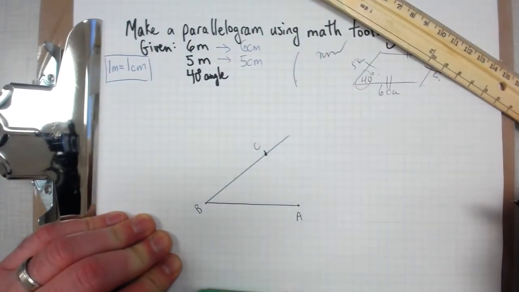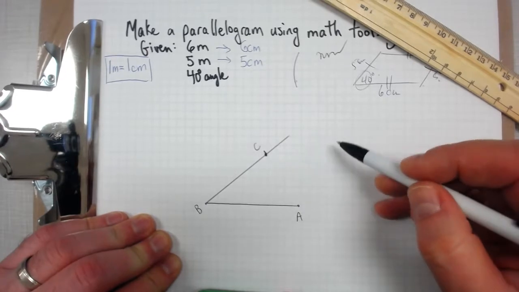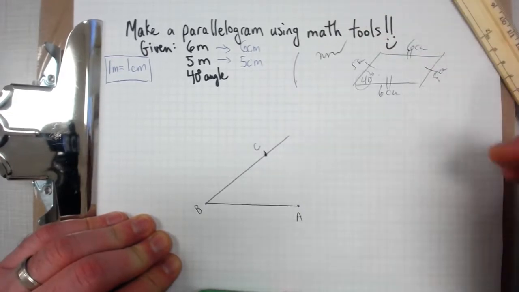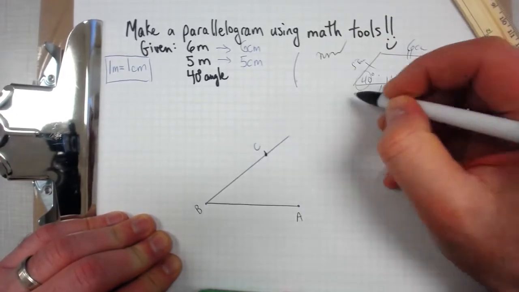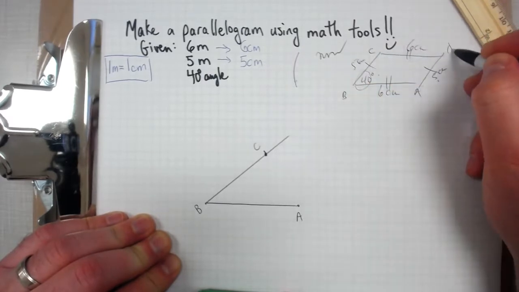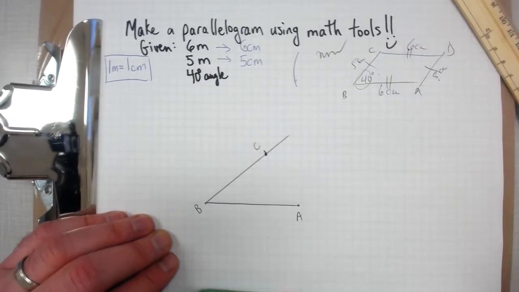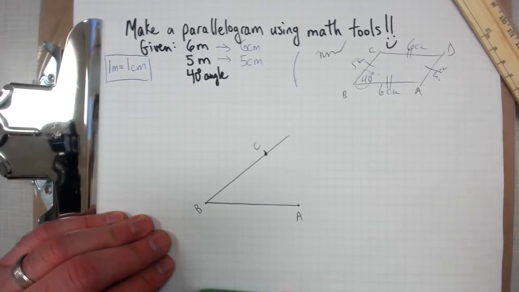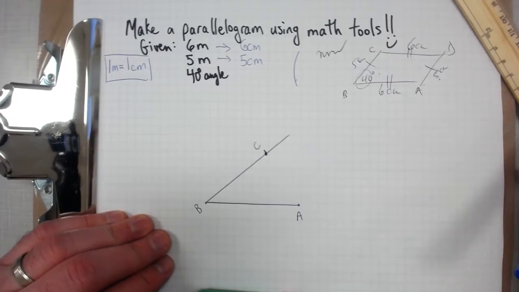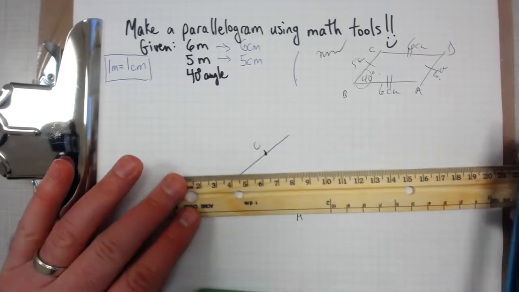So far so good. Now I'm looking for point D, which is somewhere over here according to my plan. So in my estimate I had A, B, C, D. Now D is going to be tricky to find. Tricky because I don't know the angles, and I do know the side lengths though. So when you know the side lengths and you don't know the angles, my recommendation is go with your compass.